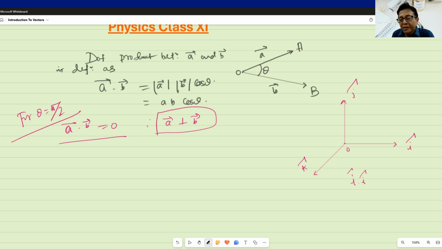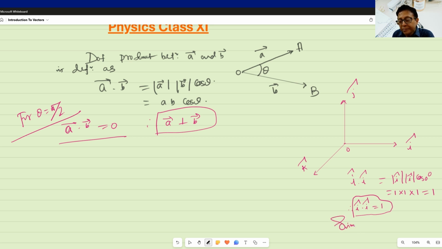I dot I will be mod I, mod I you all know, mod J cos 0 degree. So 1 into 1 into 1, I dot I is 1. So the dot product between these two unit vectors is 1.